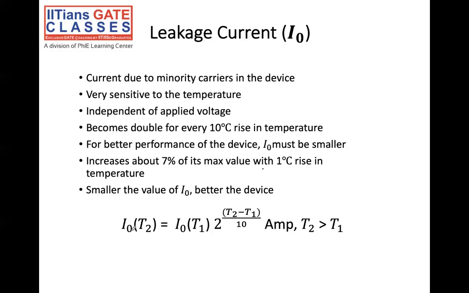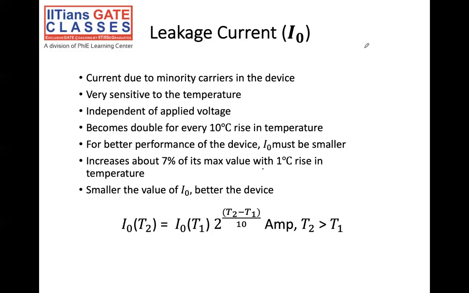So if we talk about semiconductor materials like germanium and silicon, we have leakage current in nanoamperes in silicon and in microamperes in germanium. So germanium is having more current as compared to silicon.